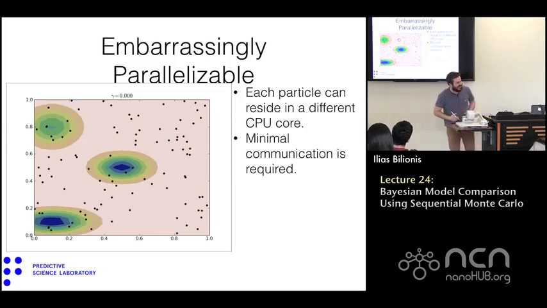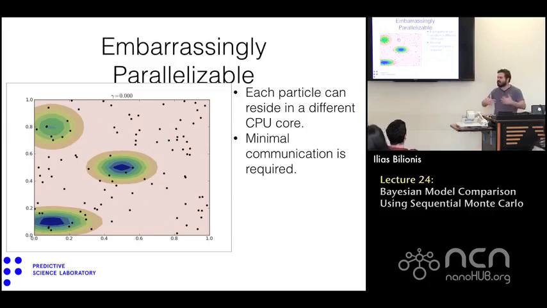I mean, always something has to go to infinity. But you can have each one of the particles live in a different CPU. So if you have a high-performance computer, you can make efficient use of it, and do it at least in less time with more electricity.